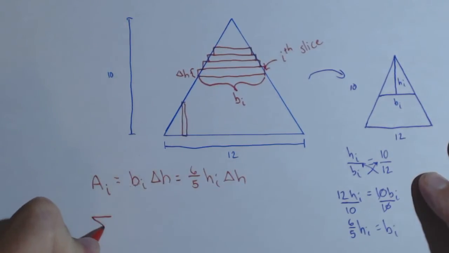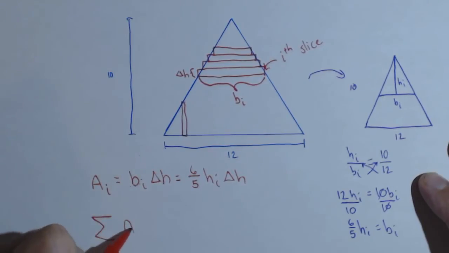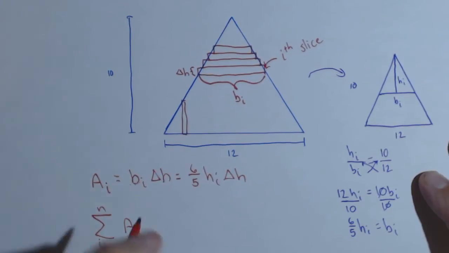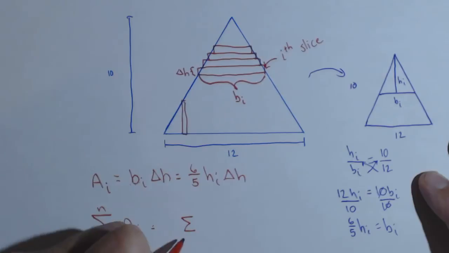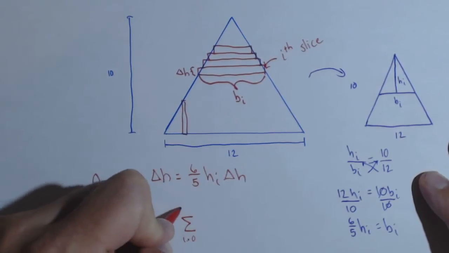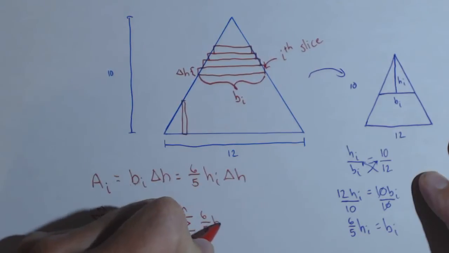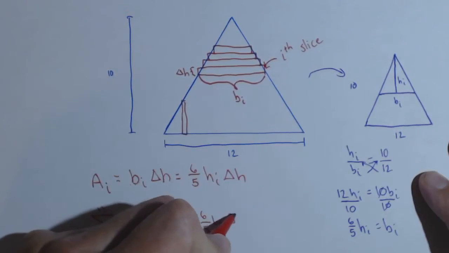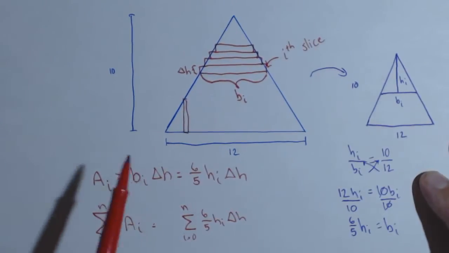The next thing we would do is do our Riemann sum, and we'd add up the area of those ith slices as I goes from 0 to n, however many slices we decide to do. So that would be the Riemann sum from I equals 0 to n of, we have a formula for A sub I, 6/5 H sub I delta H, right? And we would add all those up.